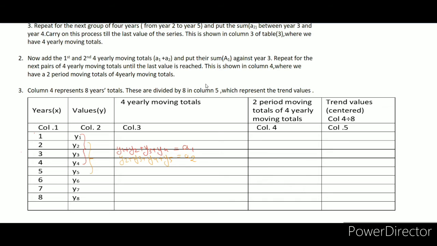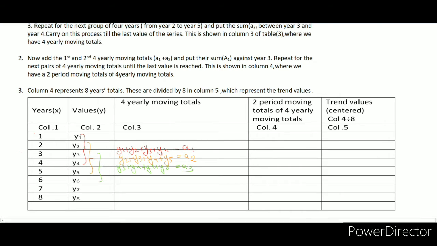Then the next group of 4 years from year 3, 4, 5 and 6. Here 4 and 5 will be your middle years, so your total also will lie in between these years. So y3, y4, y5, y6. Call this total a3.